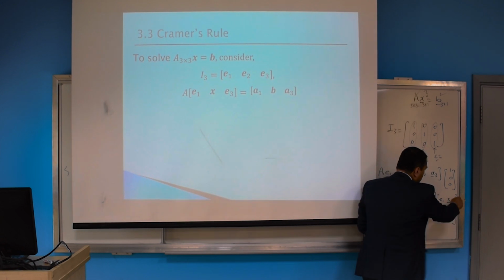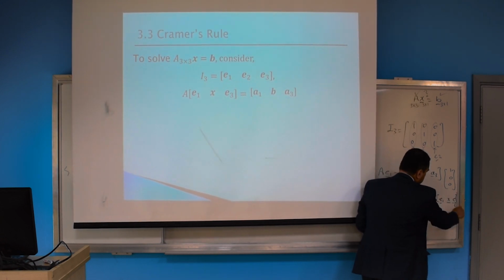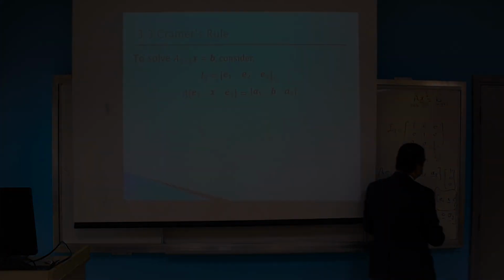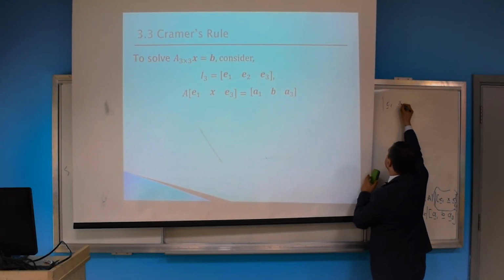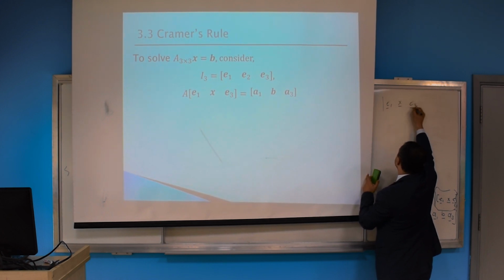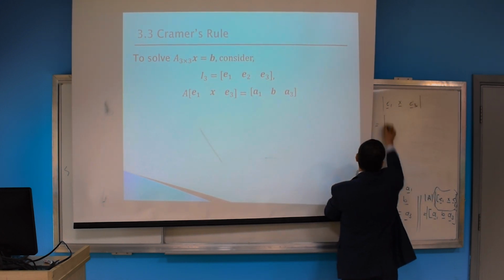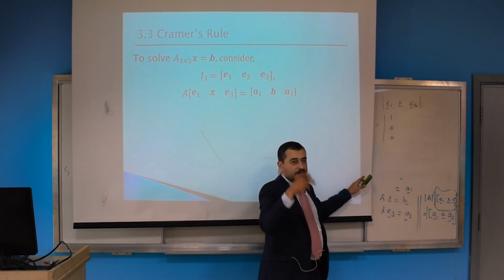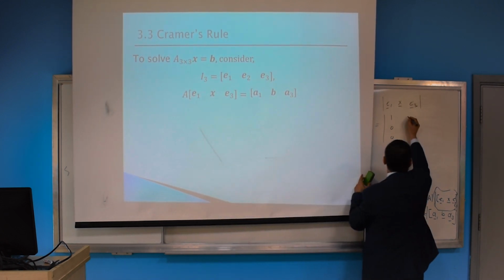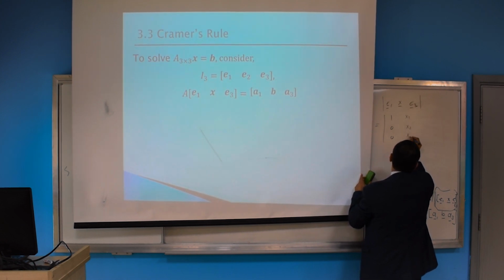Let's find the determinant of this matrix. What is the determinant of E1, X, E3? E1 is 1, 0, 0. X would be a vector of three unknowns, x1, x2, x3.